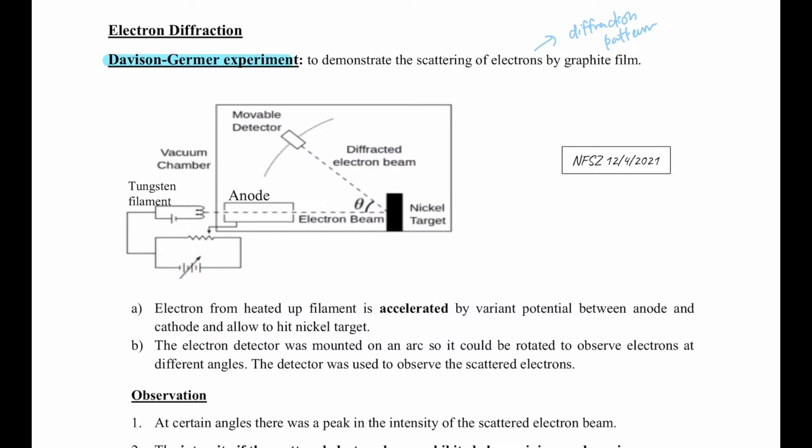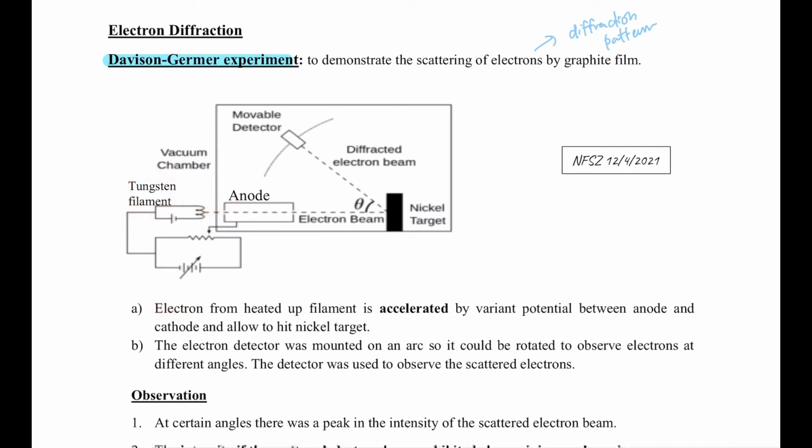Okay, so basically apa yang jadi dekat sini, tungsten filament ni ataupun graphite film, kita akan letak dekat sini. So kita akan panaskan dia, kita heat up the filament. Okay, kita akan panaskan tungsten filament ni supaya dia boleh release electron. Okay, so first kat sini kita akan panaskan supaya elektron dapat keluar dan sampai kepada anode.